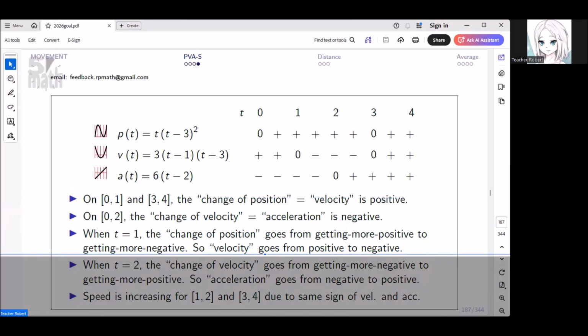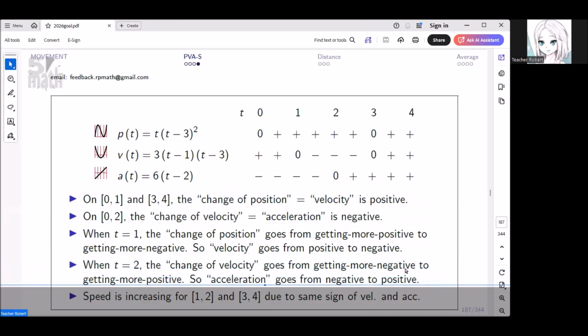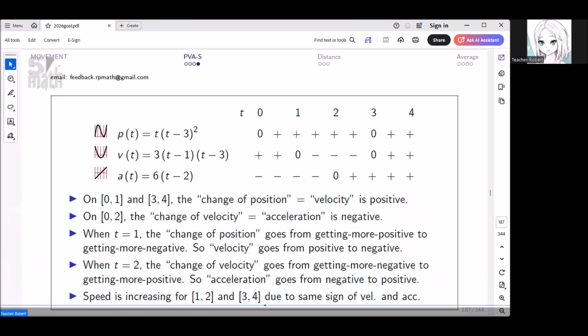So velocity goes from positive to negative. When t equals 2, the change of velocity goes from getting more negative to getting more positive, so acceleration goes from negative to positive. Speed is increasing for 1 to 2 and 3 to 4 due to same sign of velocity and acceleration.